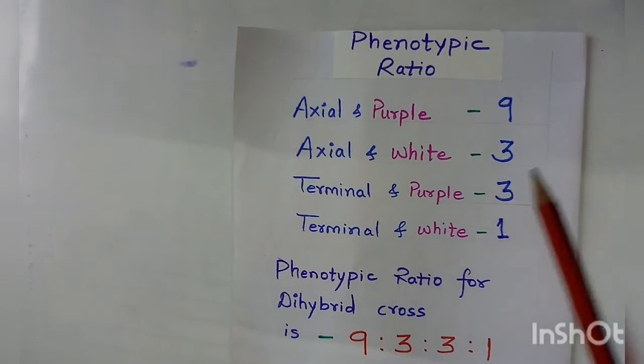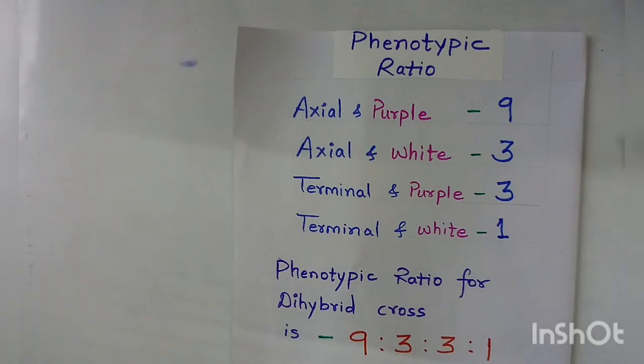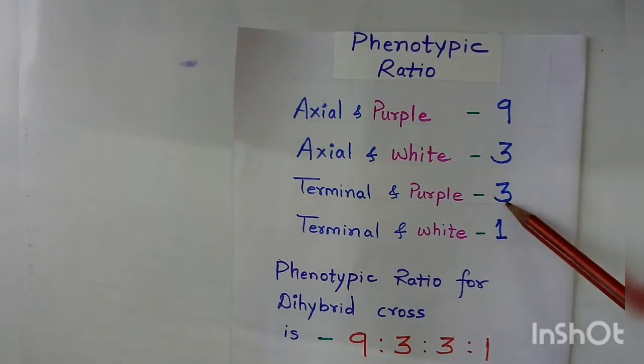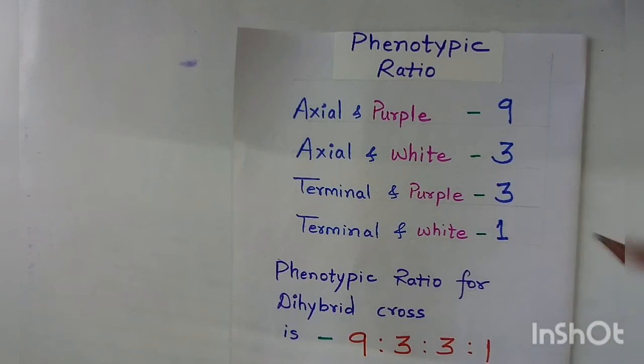Mendel performed many dihybrid crosses with different combinations, and every time he got a consistent pattern of result and the same ratio in the F2 generation, that is 9:3:3:1. From this, Mendel established the third law of inheritance, that is the law of independent assortment. The word assortment means distribution.